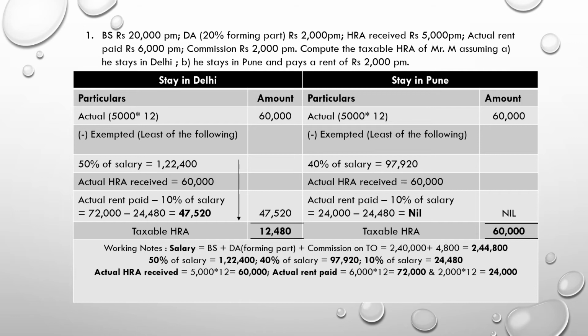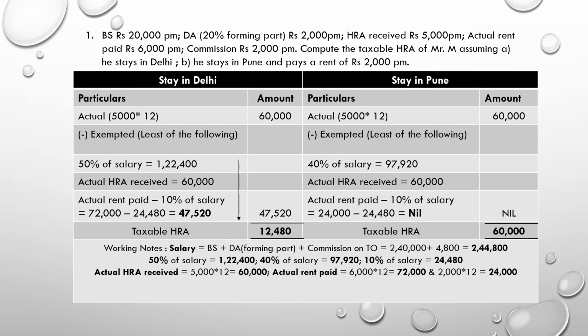So salary adds up to 2,44,800, and 50% of that will be 1,22,400. The second one is actual HRA receipt, which is 5,000 per month, which sums up to 60,000 rupees.